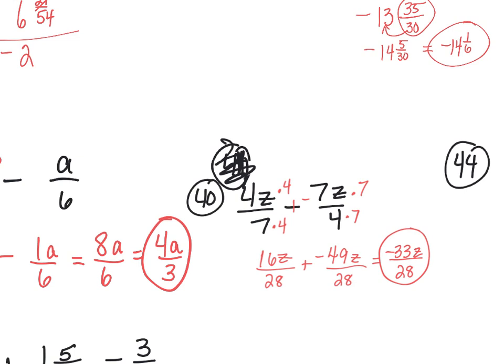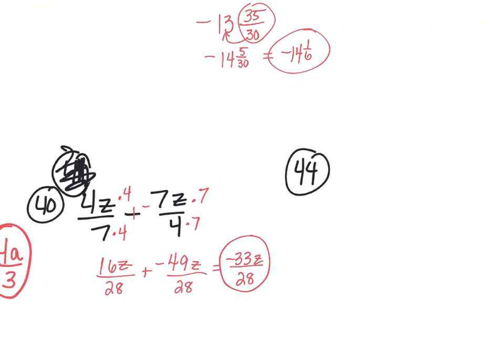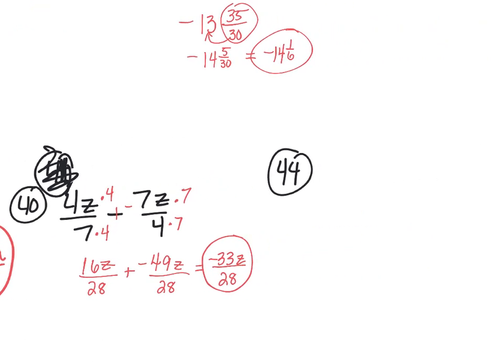Number 44, some of you didn't get the right answer on this. It's a story problem, and I'll read it to you. It says, of the 3 different types of horses on a ranch, 1/4 are Arabians, 2/5 are thoroughbreds, and the rest are Morgans. What fraction of the horses are Morgans? Okay, well, they all add up to 1 whole.